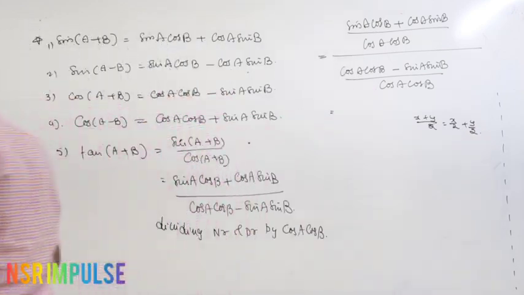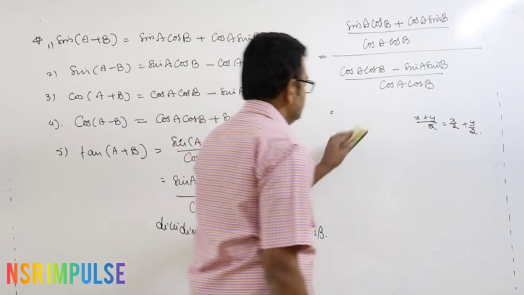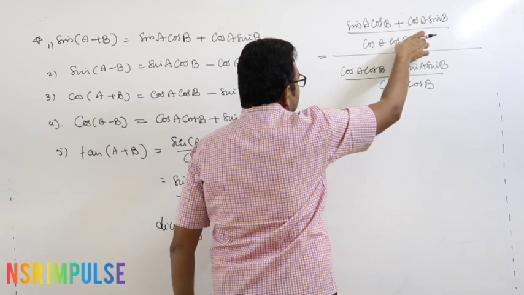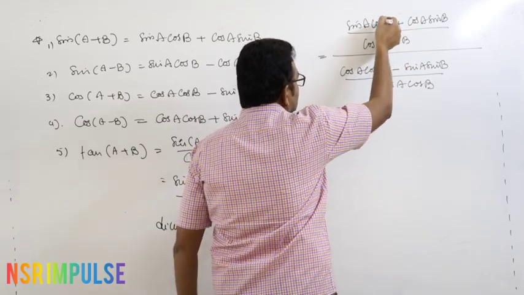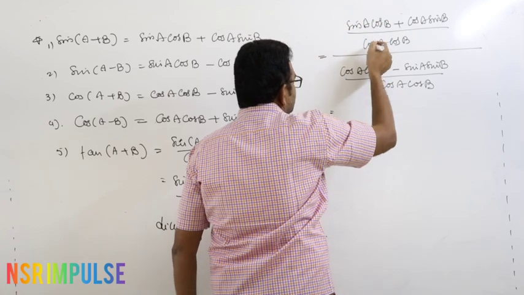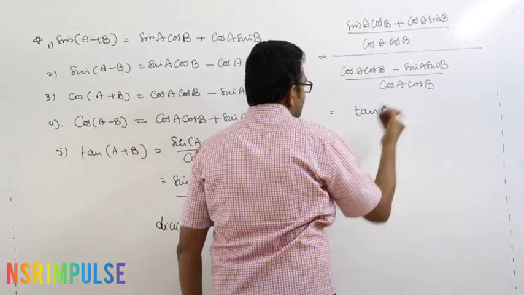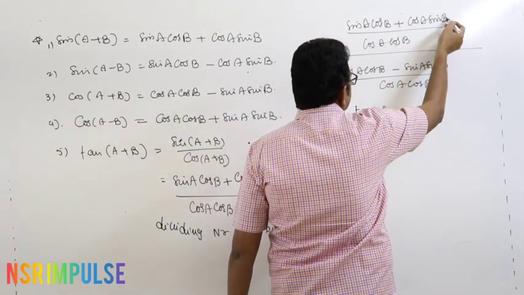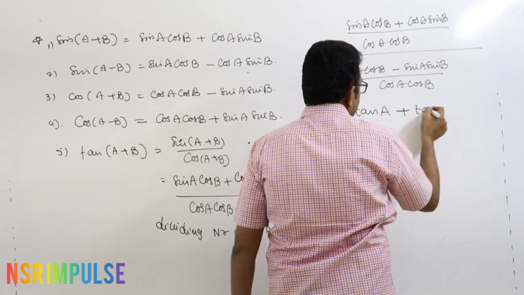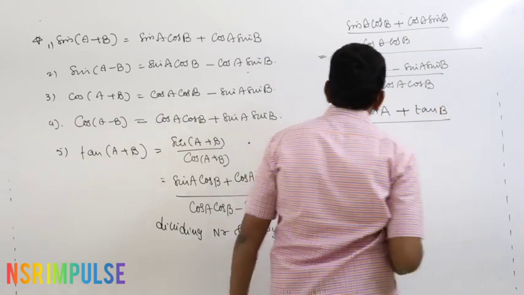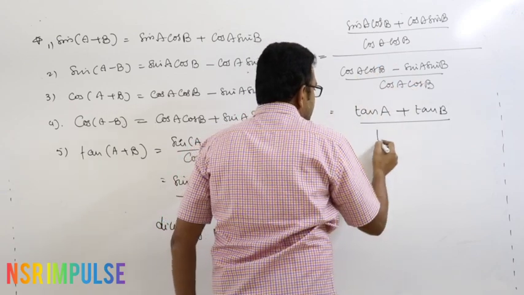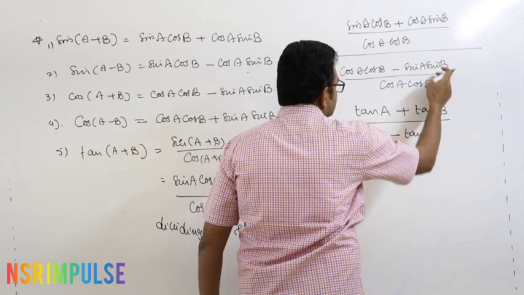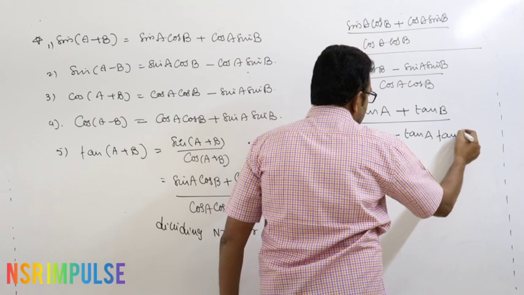Now write sin A cos B by cos A cos B. So cos B gets cancelled, sin A by cos A, so this is tan A. Next one, cos A gets cancelled, sin B by cos B, tan B. In the denominator, cos A cos B gets cancelled, 1 minus sin A by cos A, tan A, sin B by cos B, tan B.